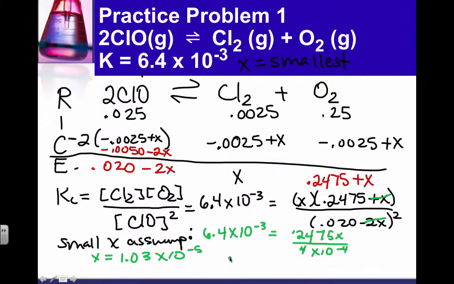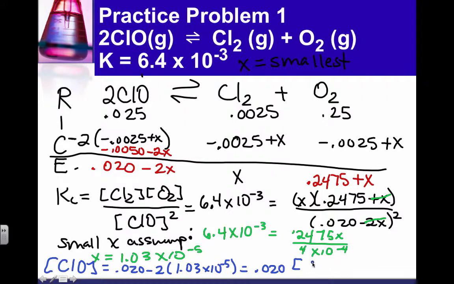So did we answer the question that they asked? Nope, not quite. But we're on our way. So let's wrap it up. The equilibrium concentration for everything is as follows. ClO is going to be 0.020 minus 2 times x. So with the sig figs that we're allowed, that's 0.020 basically, right?